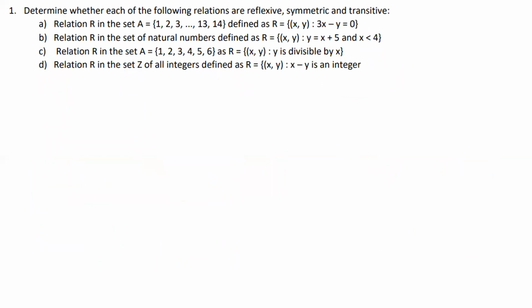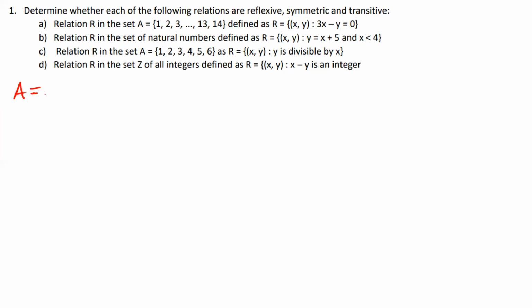So let us try to look at some of these questions and how we can apply the explanation that I've just given. The question says, determine whether each of the following relations R in a set A is reflexive, symmetric, or transitive.